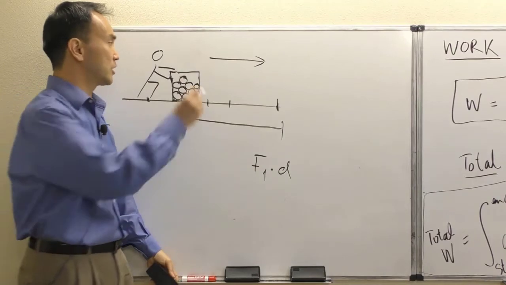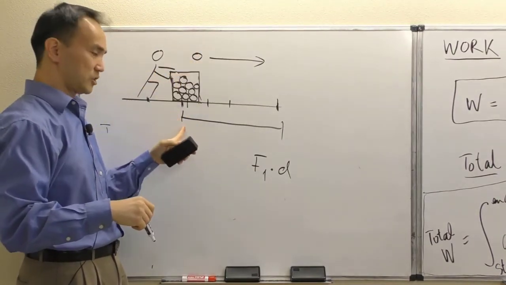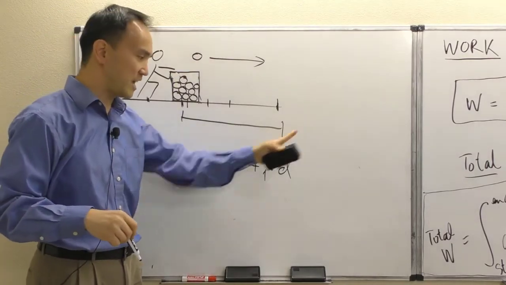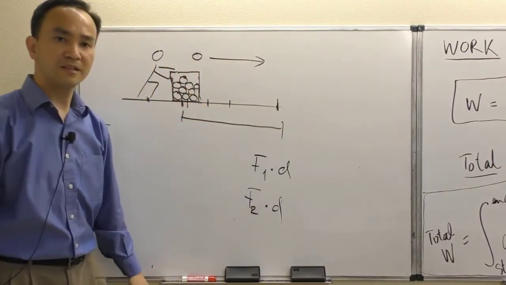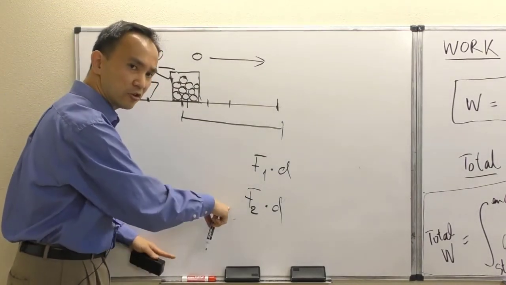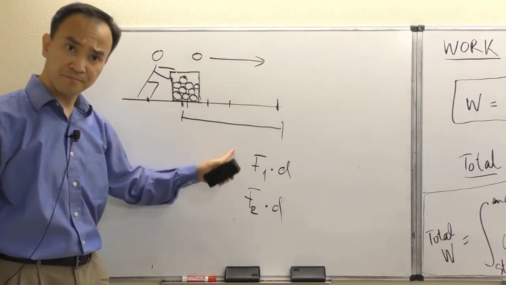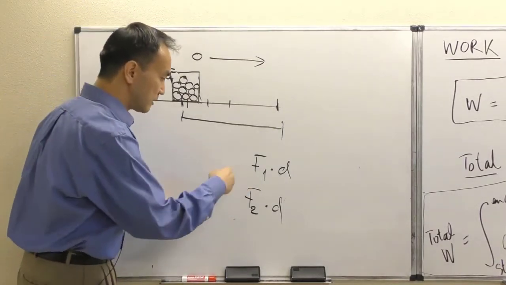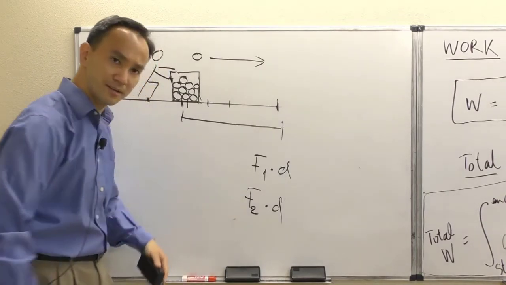So the man picks out that second one from the same starting point, moving it to the end right here, and it's going to be an F2 with that same distance. That's another little amount of force, but two different little amounts of force. It could also be the same, but this is one little amount of work, and this is another little amount of work.